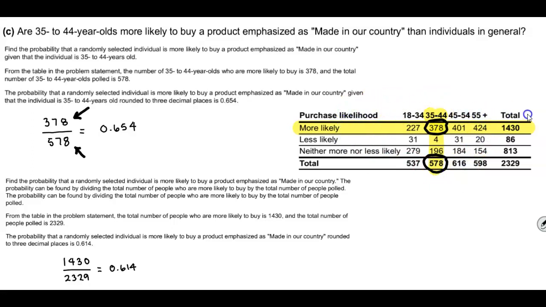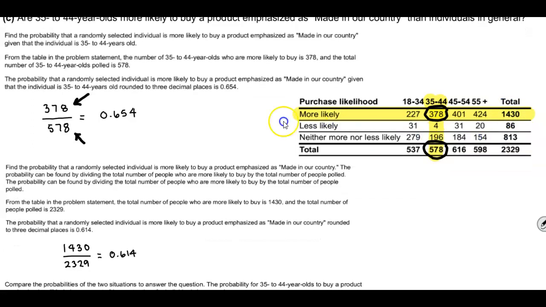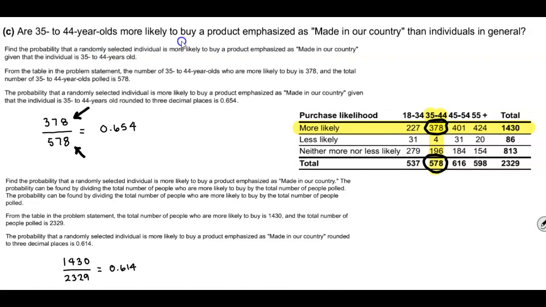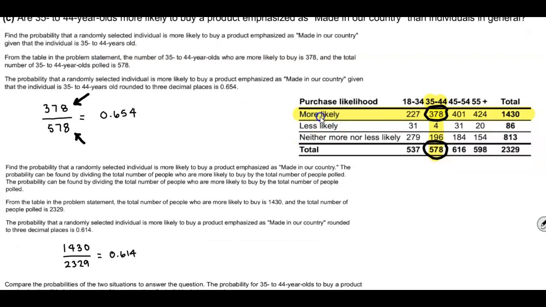So we have to look at the total group, and again we're looking at the more likely to buy row. What is the total number that has been surveyed for more likely to buy out of all those age groups? We can see that it is 1,430. So that is the total number that's going to be in our numerator.